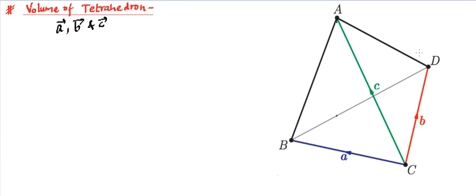Now if we join these head points, we will find that a three-dimensional geometry is created. This is the head of A, which is joined with the head of C, which is further joined with the head of B, and then the head of B is joined with the head of A.